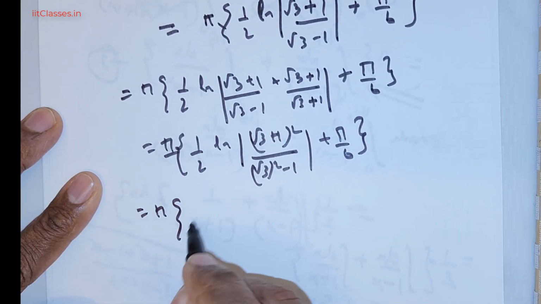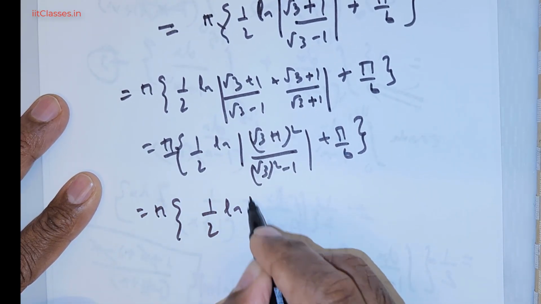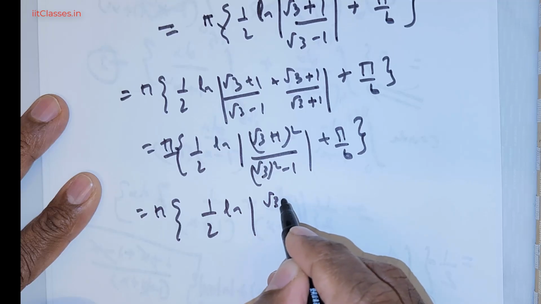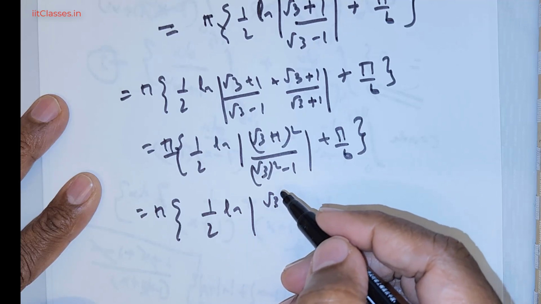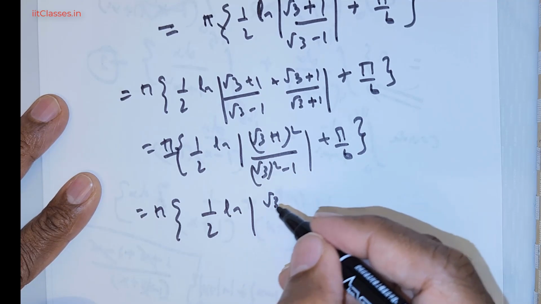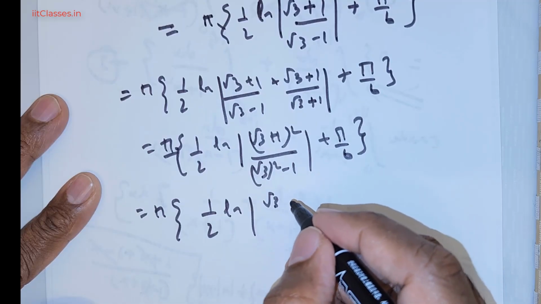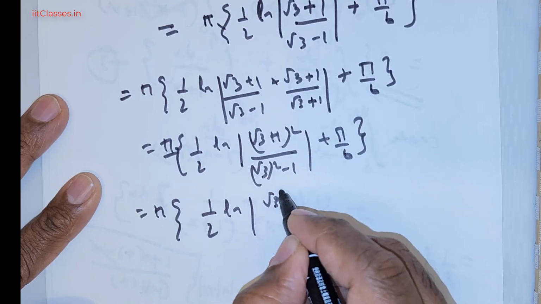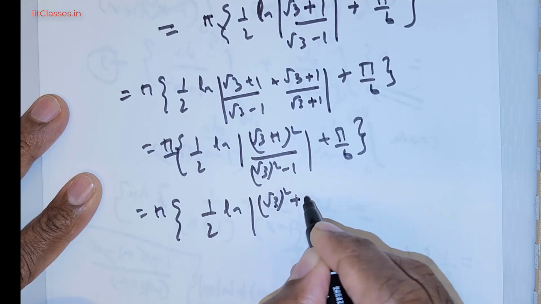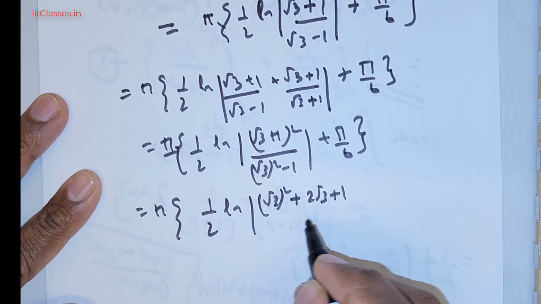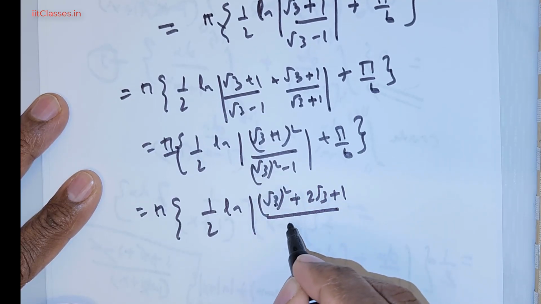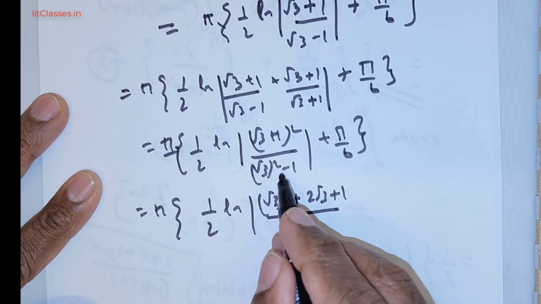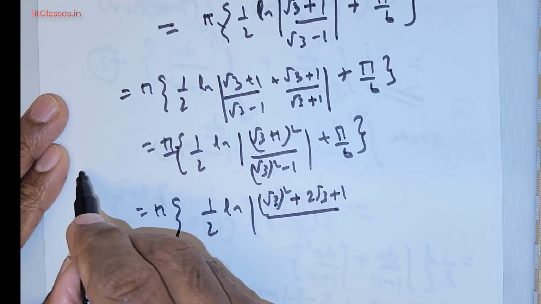So this is going to be pi times 1 over 2 times ln modulus of (root 3 plus 1) the whole squared, which gives me root 3 squared minus 1, plus pi over 6. So this is going to be pi times 1 over 2 times ln modulus of root 3. Now if you want, you can actually square this up. So root 3 squared plus 2 times root 3 plus 1 divided by root 3 squared is going to be root 3, right?